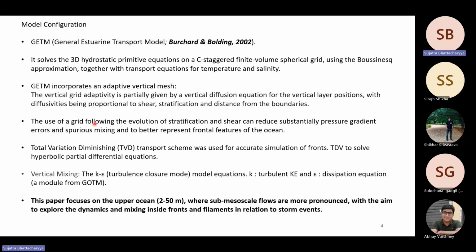The vertical layers are terrain following, sigma coordinates, but a little bit modified, because these coordinates follow the vertical diffusion equation, since they are resolving very fine structures. That's why they have stressed vertical diffusion.